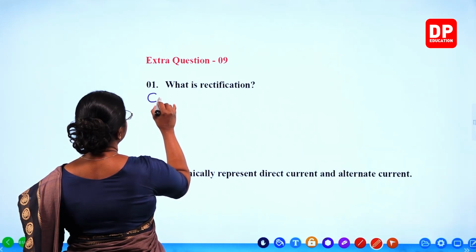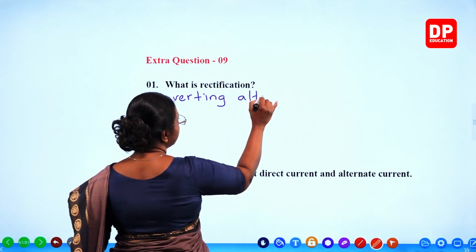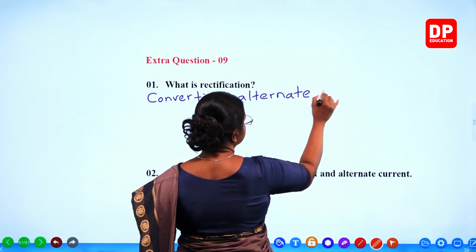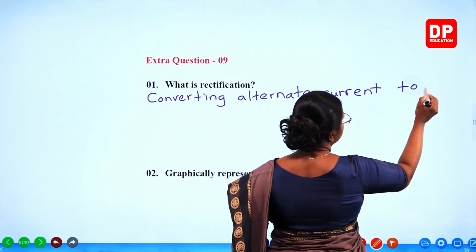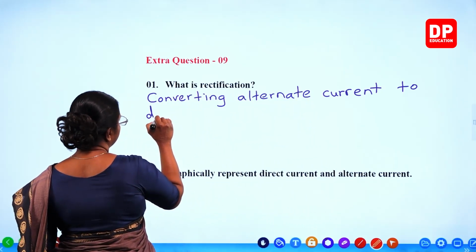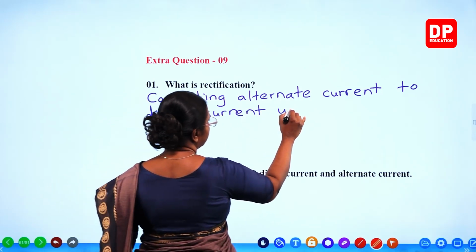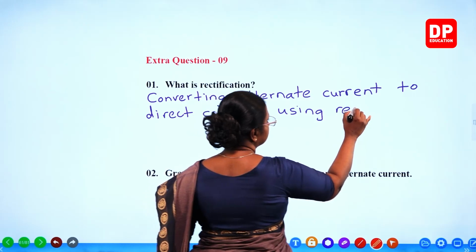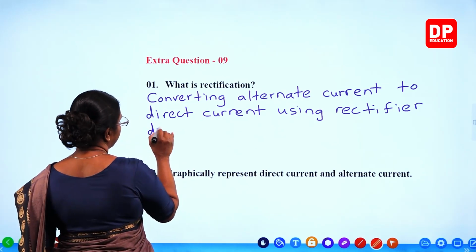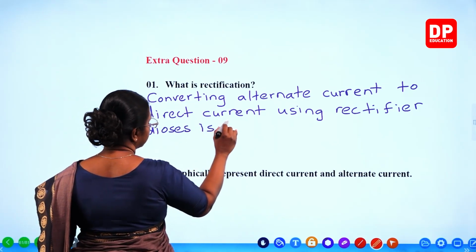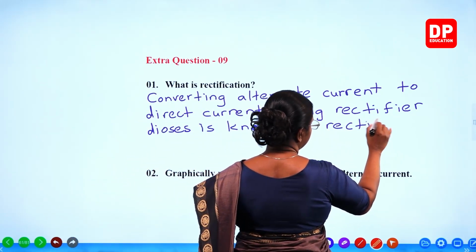Okay. Converting alternating current to direct current using rectifier diodes is known as rectification.